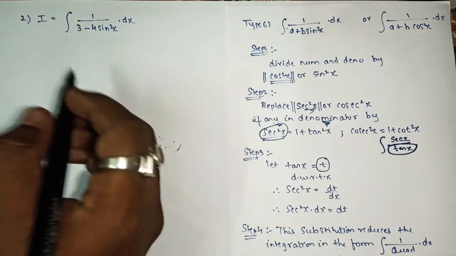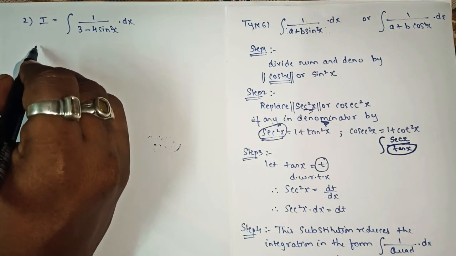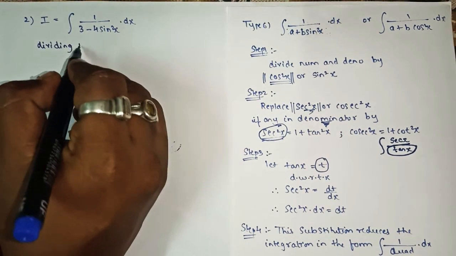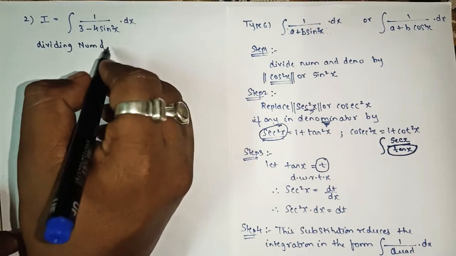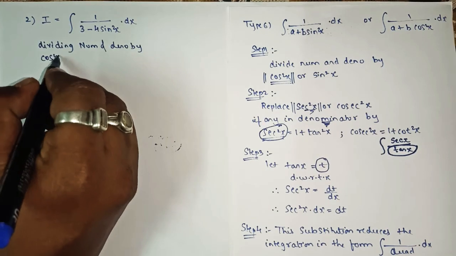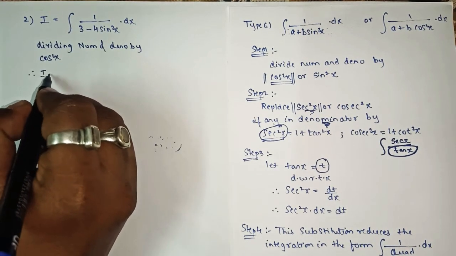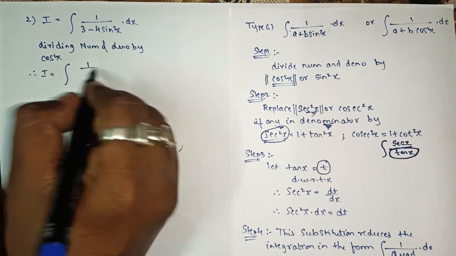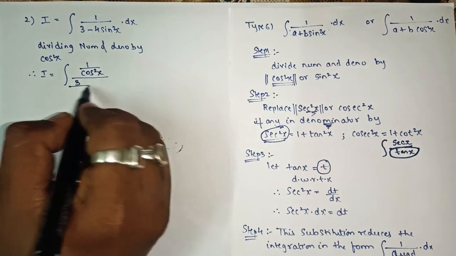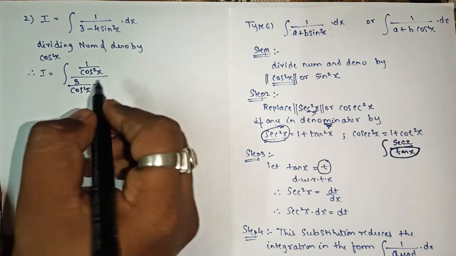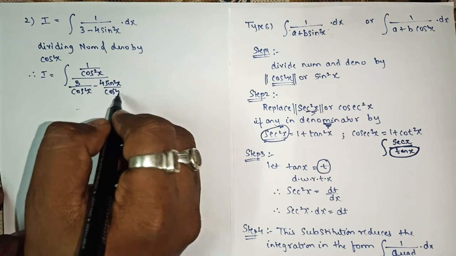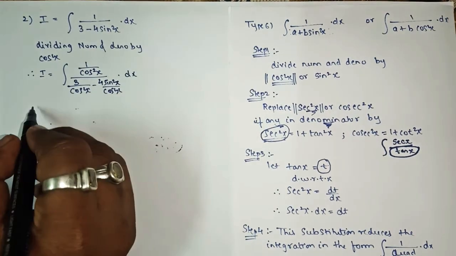So the first step is we have to divide the numerator and denominator by cos square. So we'll write, dividing numerator and denominator by cos square x, I will be equal to integral 1 upon cos square x upon 3 upon cos square x minus 4 sine square x upon cos square x into dx.